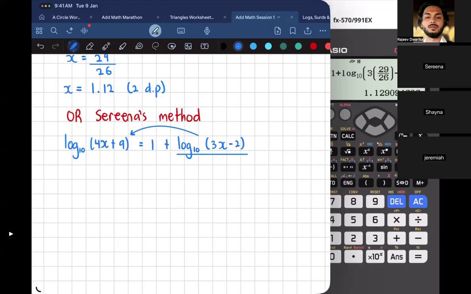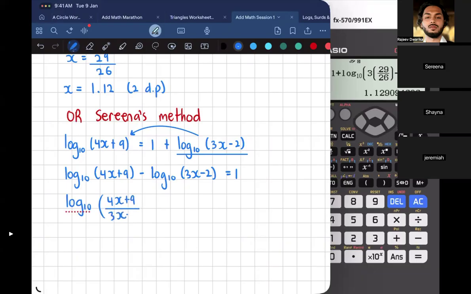Because it would be log base 10 of 4x plus 9 minus log base 10 of 3x minus 2, you would use the quotient rule or law. So the next line will be log base 10 of 4x plus 9 over 3x minus 2, which equals log base 10 of 10, because 1 is log base 10 of 10.